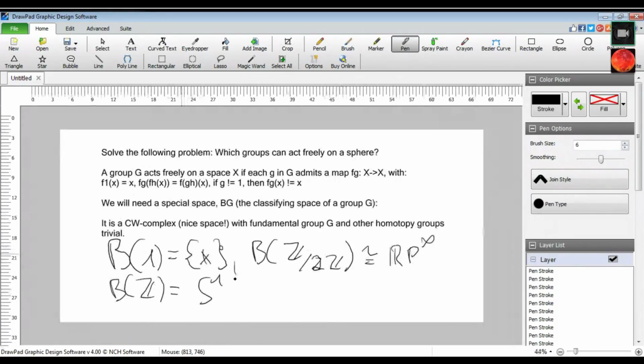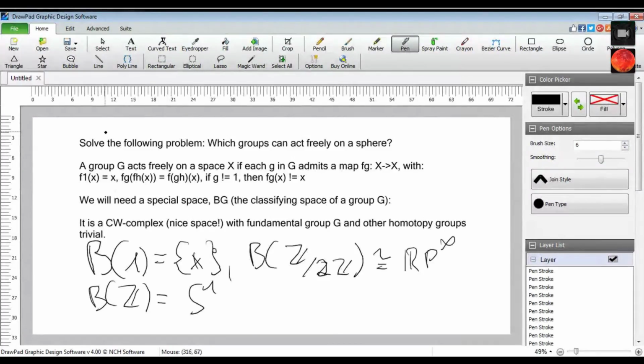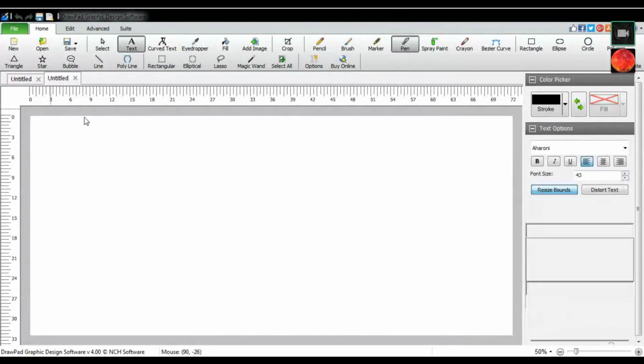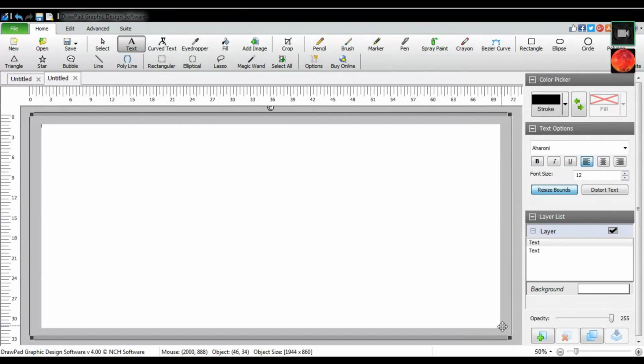And in order to solve this problem, we want to look at what this classifying space looks like. So what does this mean?